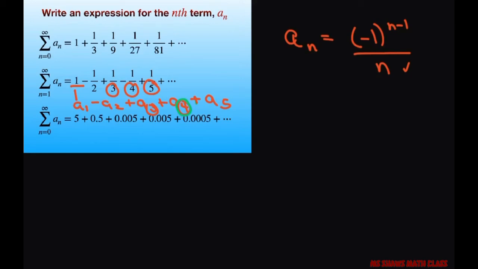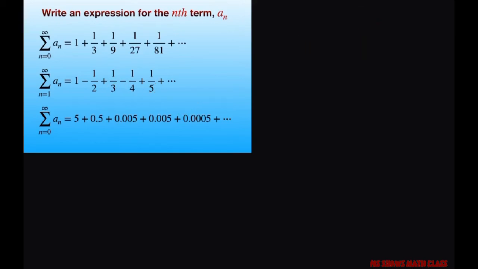And the next one, we're starting at 0. So your 5 is a sub 0, since we're starting at 0 here. All right, and remember what this is.